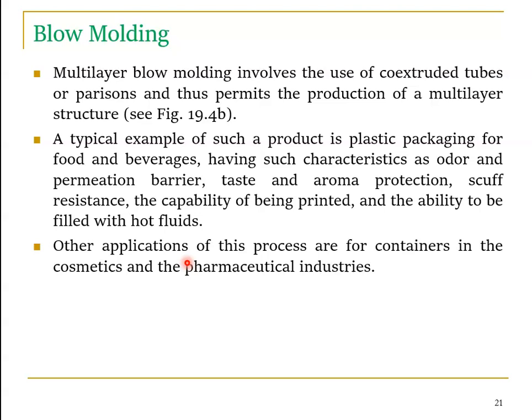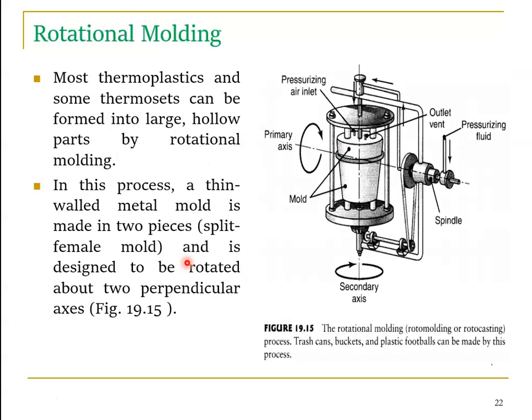For example, if you want to pack vegetables, in order to prevent the release of odor or smell, we need to coat multiple layers. For this case, you can use multilayer blow molding. Other applications of this process are containers in the cosmetics and pharmaceutical industries. These are some of the examples for blow molding.